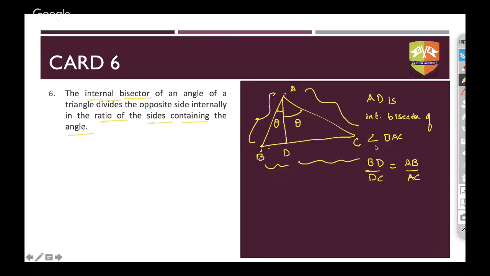Again, how would you prove it? To prove this, you have to extend BA to E such that AE is equal to AC, and then use BPT again.